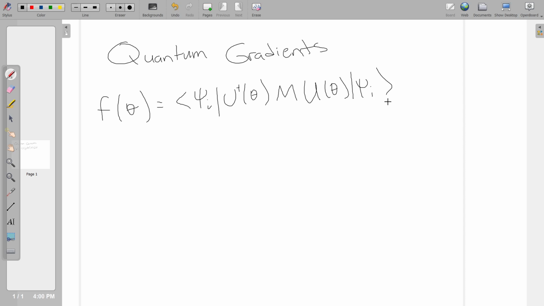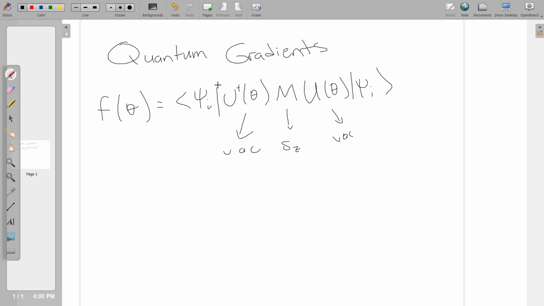It's equal to the expectation value of our measurement operator here. This might be something like the Pauli Z operator, for example, which is a common one. And then this is our parametrized circuit, the variational quantum circuit.